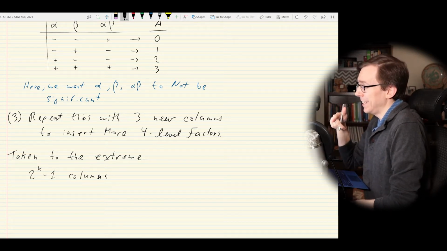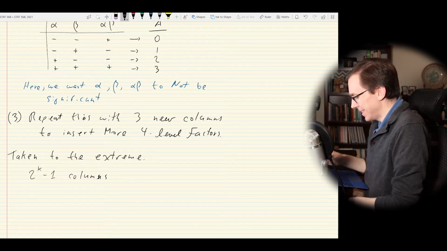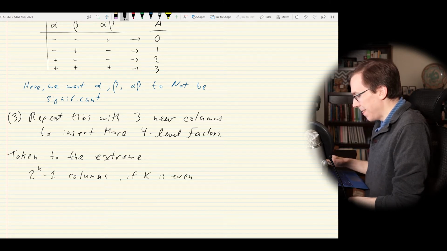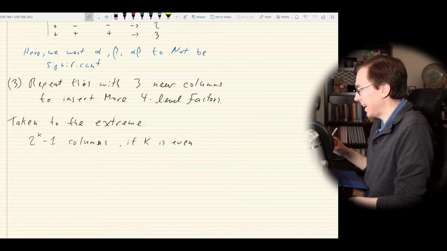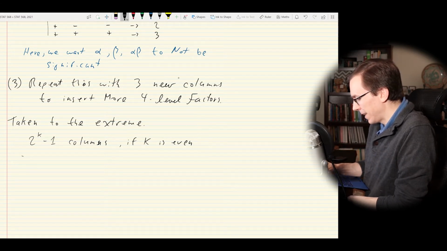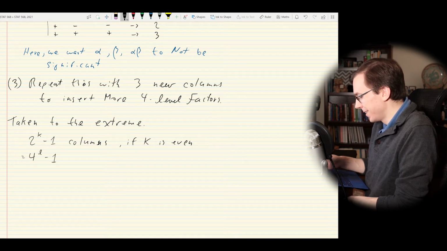Now, if I continue to do this, and if K is even, then it turns out that 2 to the K minus 1 can be written as 4 to the L minus 1, right?